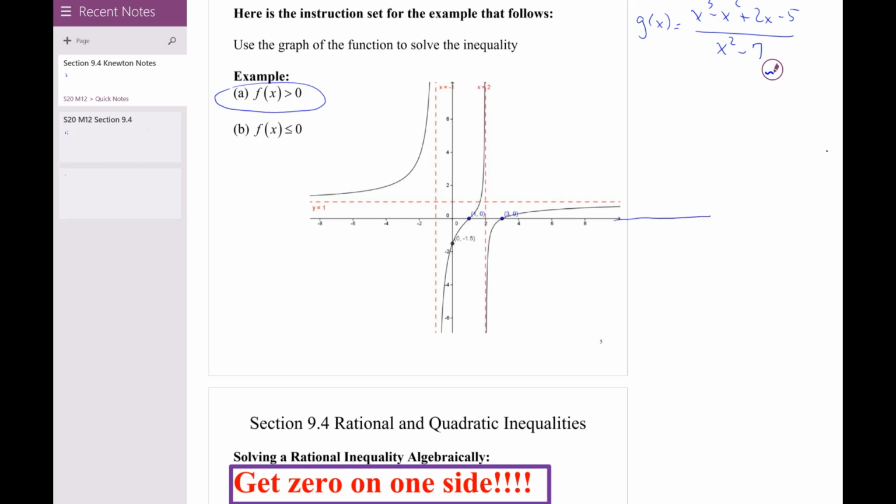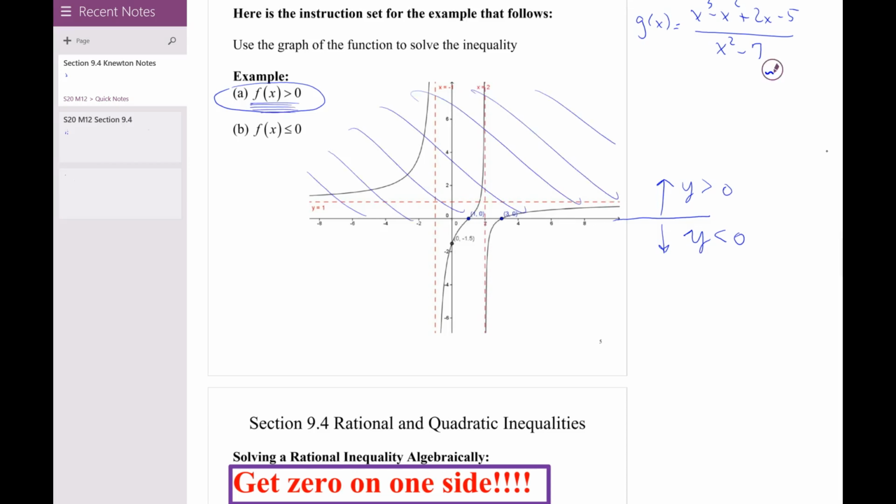Remember again, the x-axis is the dividing line between y values that are positive, or bigger than 0, and y values that are negative, or smaller than 0. So if I'm asking where the y coordinates are bigger than 0, I want to know which pieces of the graph are above the x-axis.